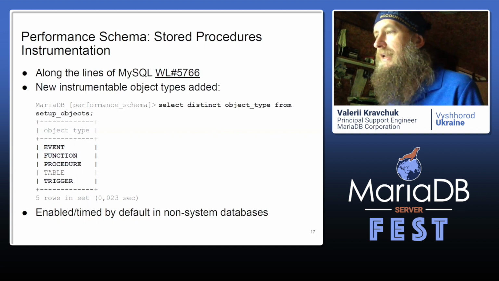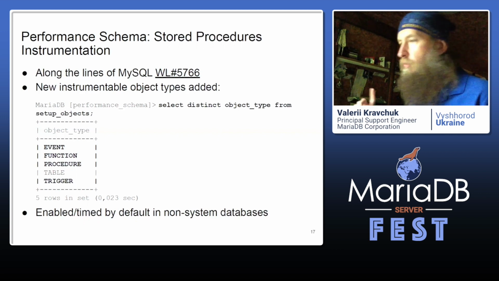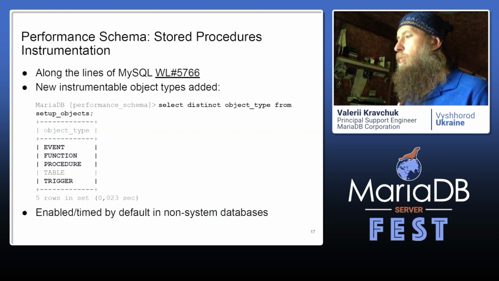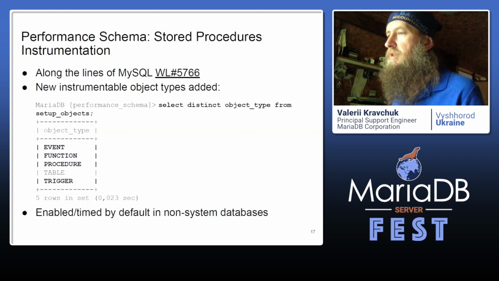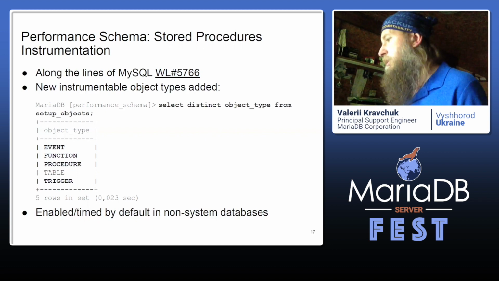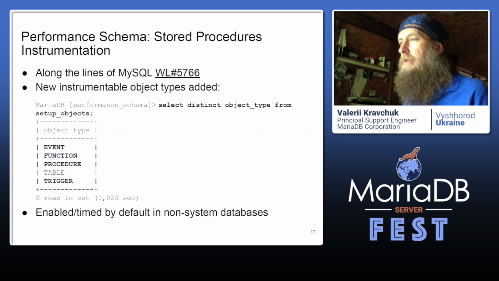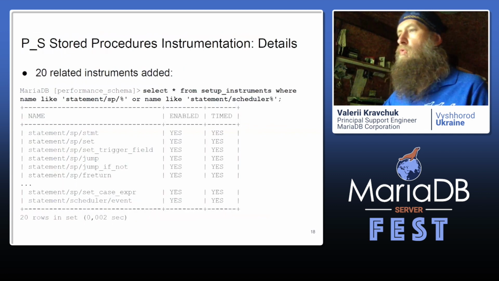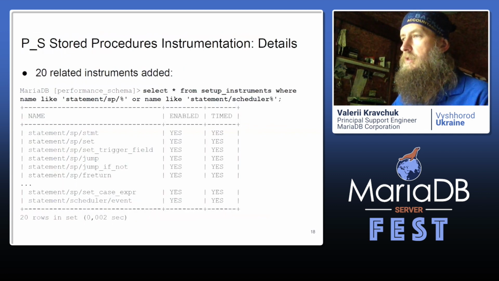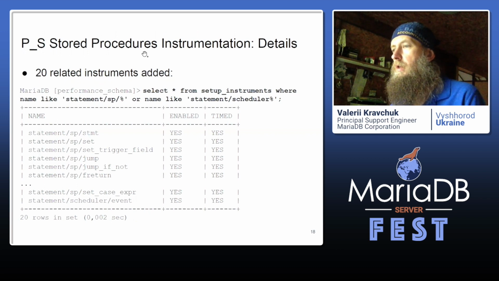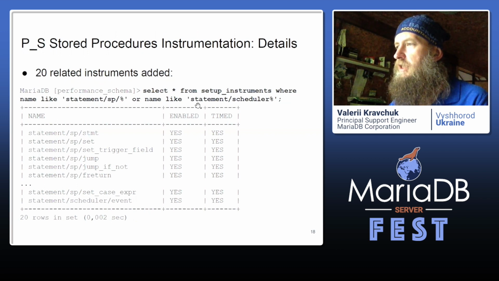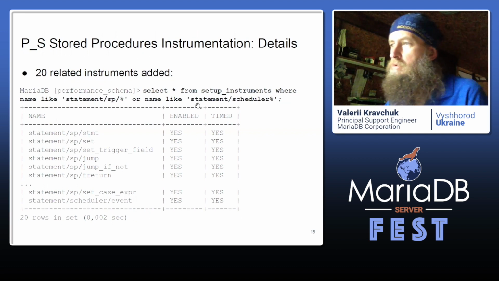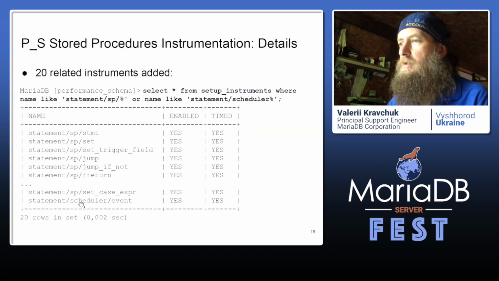All of them are by default enabled and timed in all databases but system databases: mysql, information schema, and performance schema itself. You have to do nothing, you can just check everything. The statement to check is a bit non-obvious for somebody. For the events, you have to check the statement scheduler instrument.